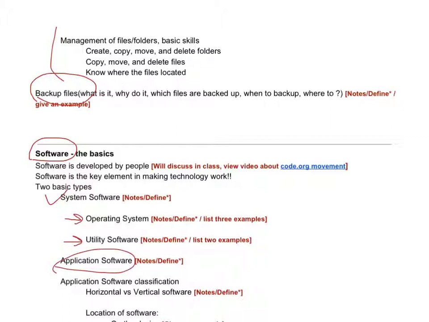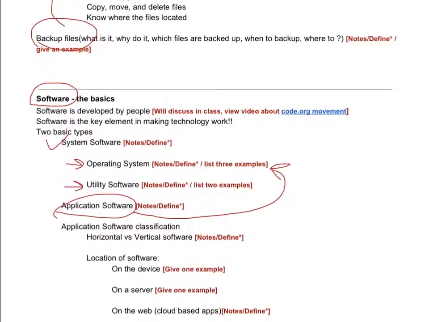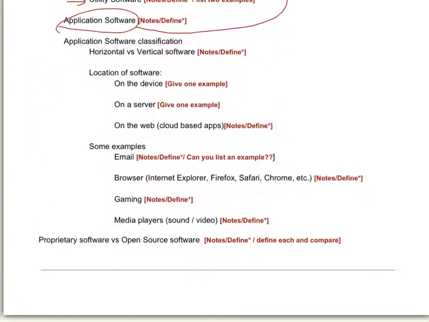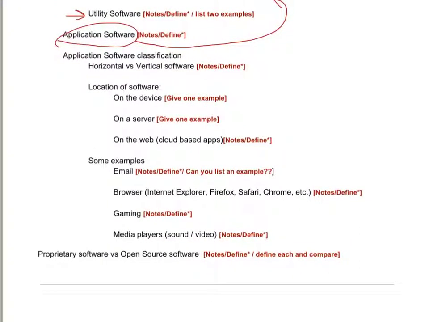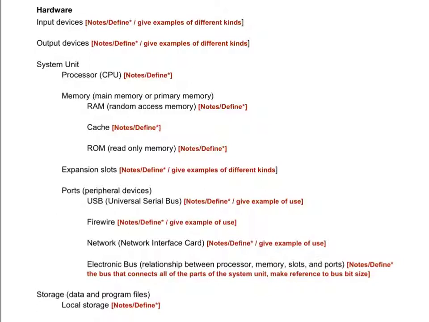And application software communicates with the operating system, which communicates with the hardware. And we went through quite a bit of an explanation of software. It could be on your device, on some server, or you could get it off the web. And here are some examples. And so this is up to hardware.